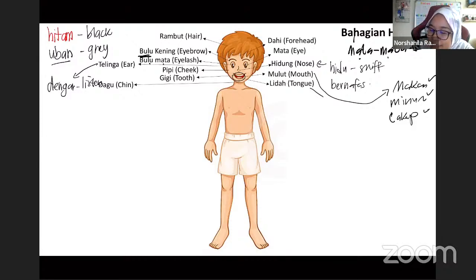The function for lidah is to taste. Rasa. Do you remember the rasa that we learned last week? Do you still remember the five tastes that we learned last week?